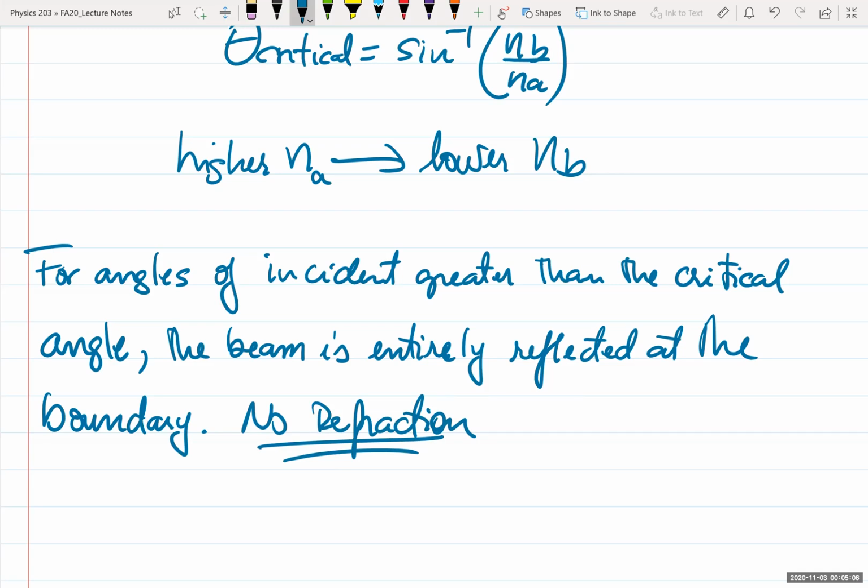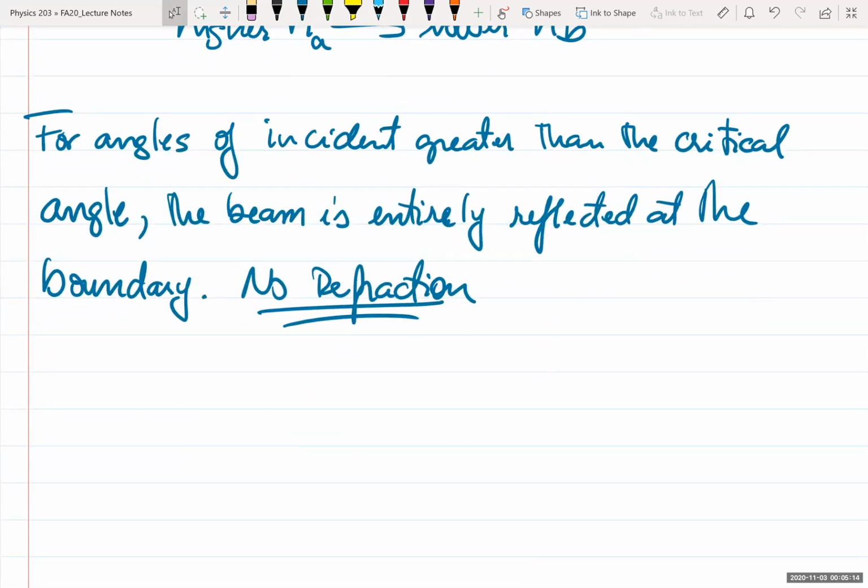Everything is reflection. This situation where everything is reflected is what we call total internal reflection, and it's only possible when you're going from a larger index of refraction to a lower index of refraction.